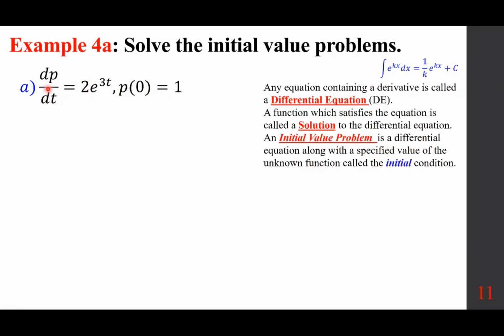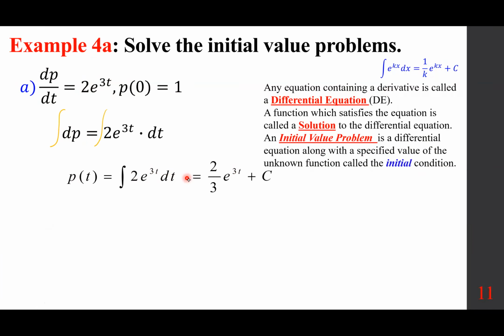To solve this, first of all, dp is the product of these two, and you are integrating this, which means the integral of the left, integral of the right. dp becomes p of t, and let's integrate this one. Now, using that, 1 over k, remember k is 3, so 2 over 3 e to the power of 3t, and a constant. This is what we have been doing so far, nothing brand new.